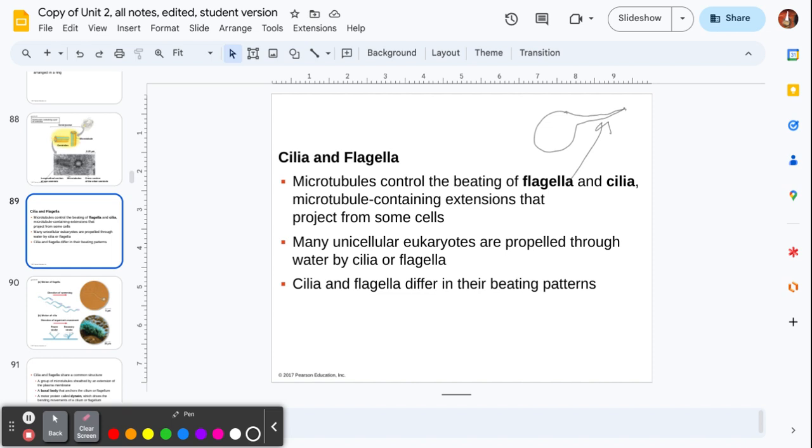Okay. Other cells may have cilia. So some cells may have these little hairs on them. Cilia and flagella are the same thing. It's just a matter of size. If they're short, they're cilia. If they're long, they're flagella.